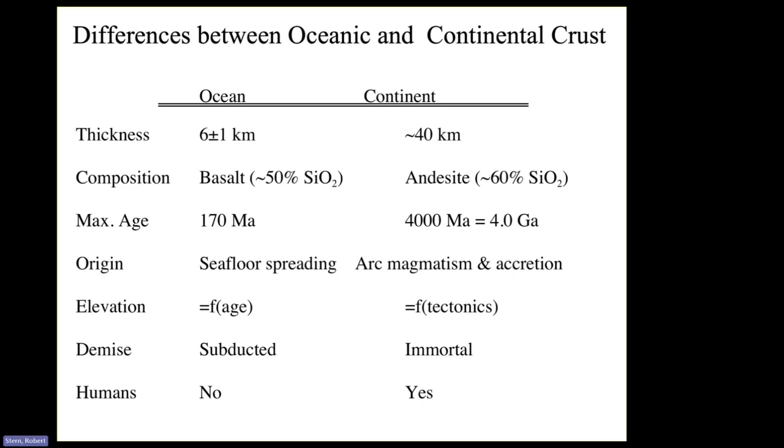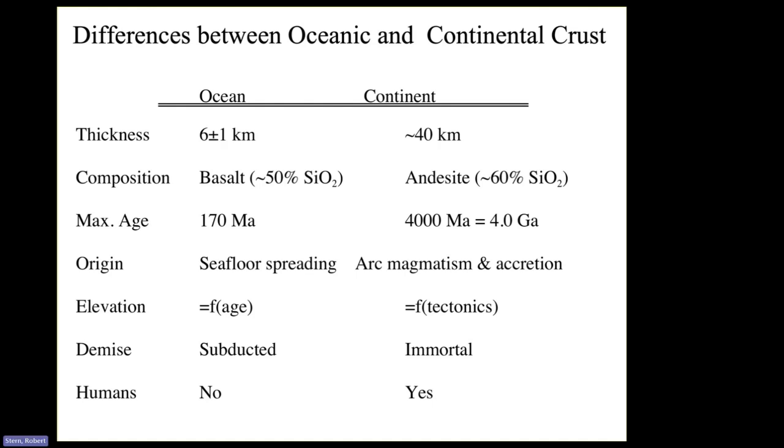We know that oceanic crust is generated by seafloor spreading at mid-ocean ridges, whereas continents, as this is an area of continued discussion and interest, are not formed by seafloor spreading. They're formed by some kind of arc magmatism and accretion and all sorts of things.